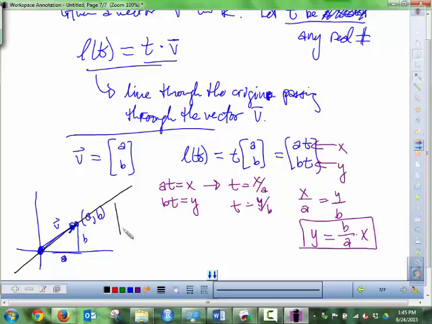So to find an equation of this line, the slope is equal to b over a, and the y-intercept is equal to 0, so y equals mx plus b, so b over a times x plus 0, and that's what we got from the vector.